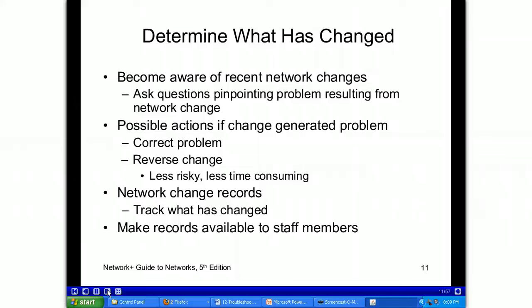And a lot of times it can be as simple as an update the night before on a server that caused the problem. I've had that happen. Or a user bringing in a laptop that brought a virus to their department segment on the network. I've had that happen as well.